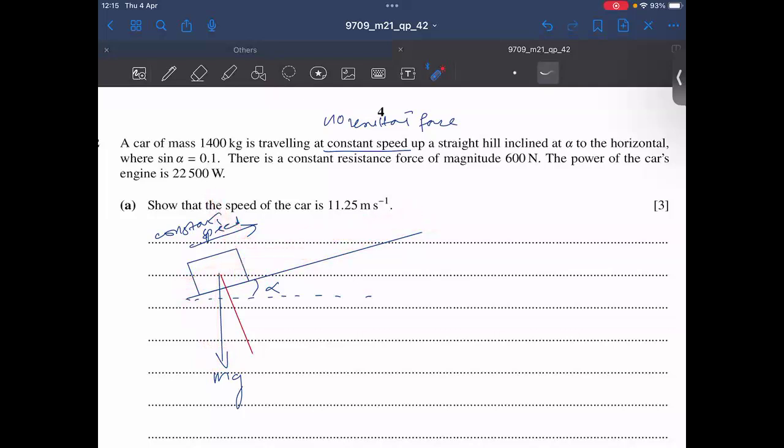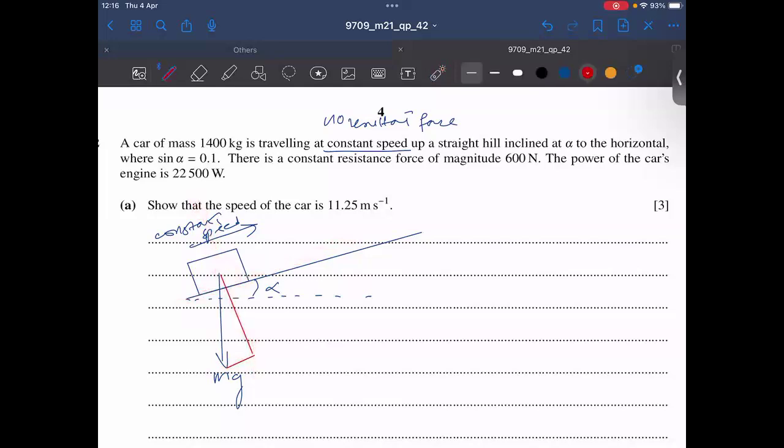Now mg is always directed vertically downwards, but because the plane is inclined, I'm going to resolve mg into components parallel to the plane and perpendicular to the plane, like this. So this is the component parallel to the plane, and this is the component perpendicular to the plane.